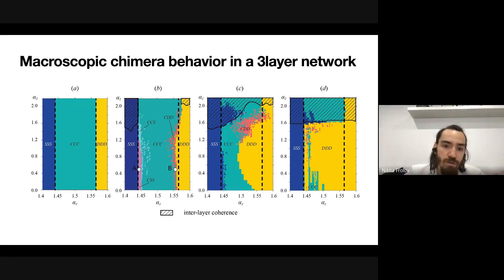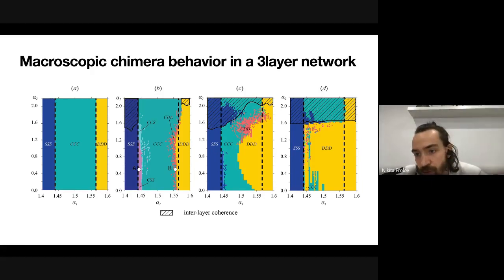So also there is a macroscopic chimera pattern observed, which we are looking for. Further increase of interlayer coupling leads to wider overlapping of the synchronized area with the chimera area, and the emergence of interlayer coherence, where all the layers are synchronized in the phase and the frequency.